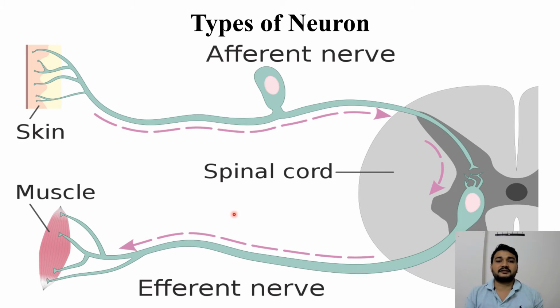Another classification of neurons is on the basis of how they transmit signals. In the nervous system there are two kinds. The first is sensory. Suppose someone bites you on your skin; the signal transmitted from the skin to the brain is carried by sensory neurons.